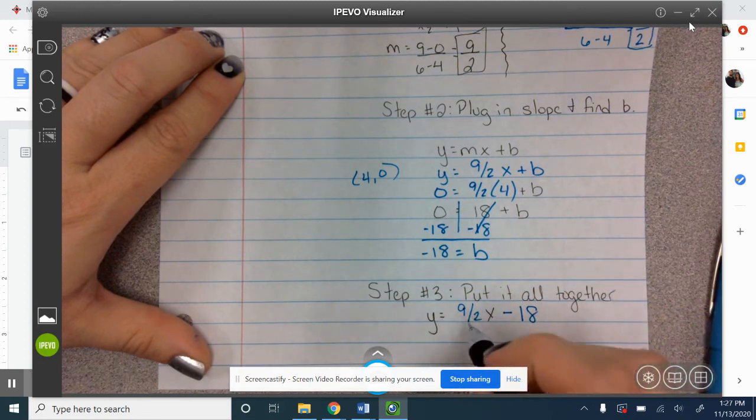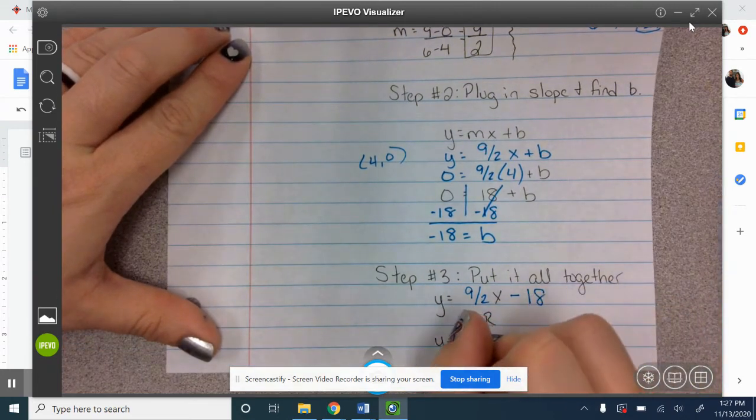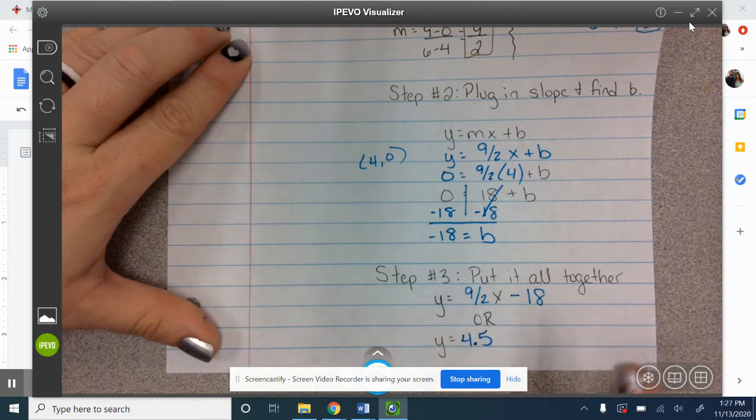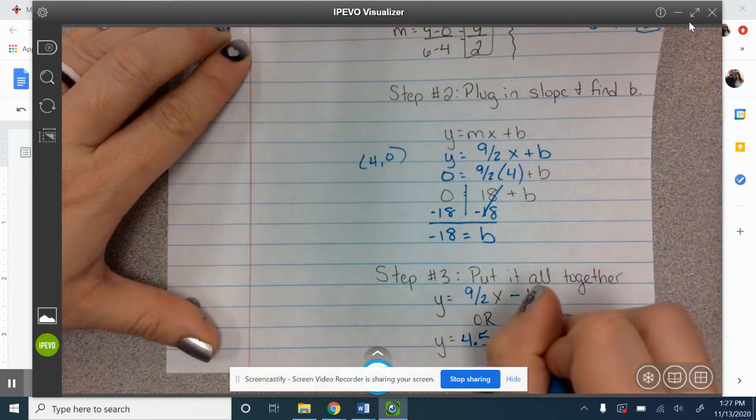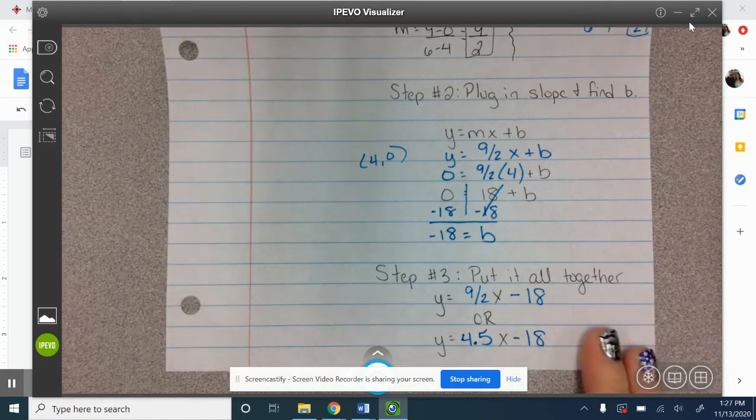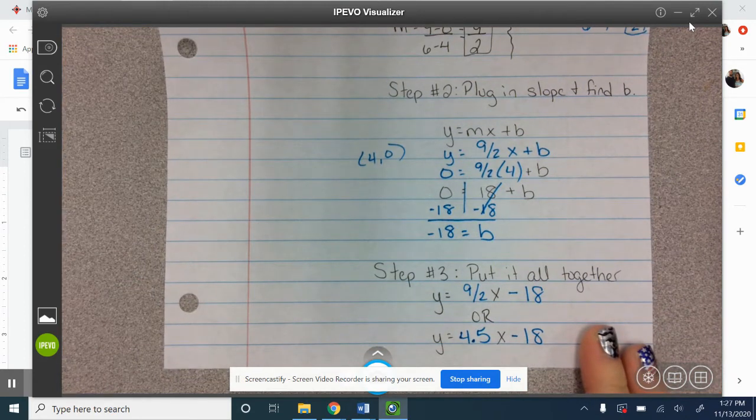Now, I know that fraction is going to mess with some of you, so you could also write it as y equals 9 over 2 is 4.5, x minus 18. So that is the first way when you're finding line of best fit by hand. Typically, when you're asked to find it by hand, you're going to be told which two coordinates to use, because otherwise it would be up to a lot of interpretation and everybody's answer would be a little off.